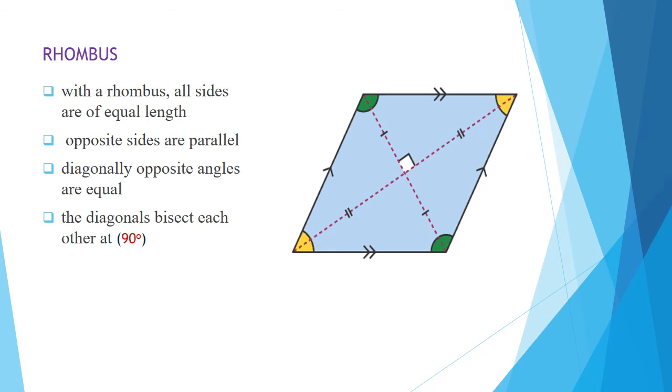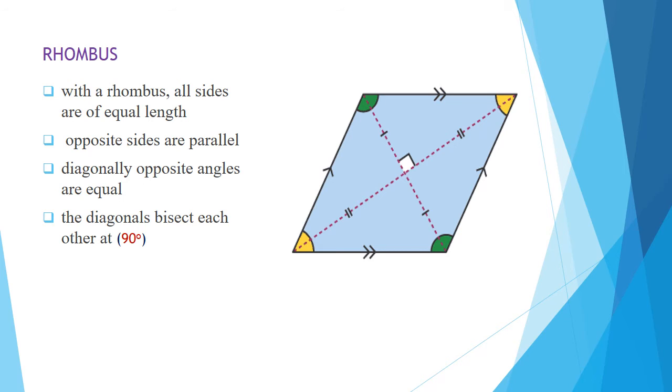Rather, the ones which are facing each other are the same. So the ones opposite each other, like the one colored green, and the other green one would be of the same size. The yellow ones would also have the same measurement. So take note of that.